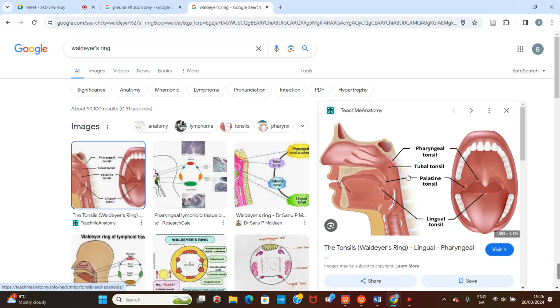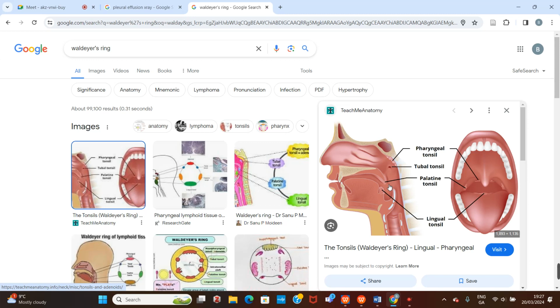We have one here, the tubal. We have one at the palate, palatine tonsil. We have one at the tongue, lingual. The ones we are discussing today are the pharyngeal and the palatine tonsils. They can get enlarged and obstruct the airway.